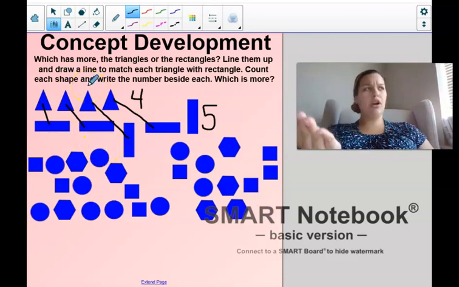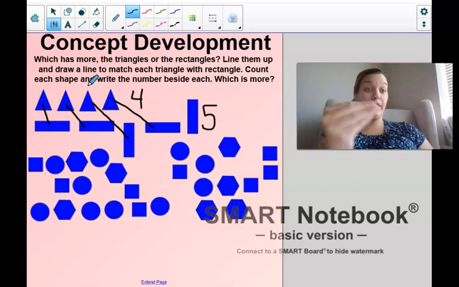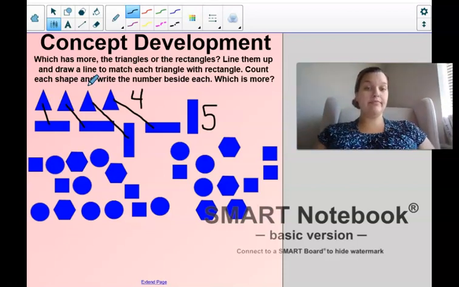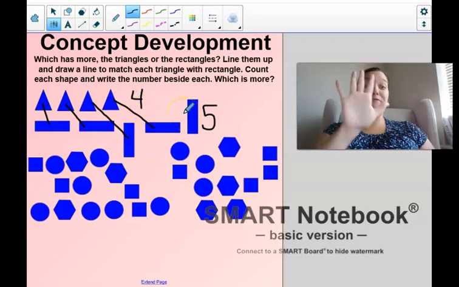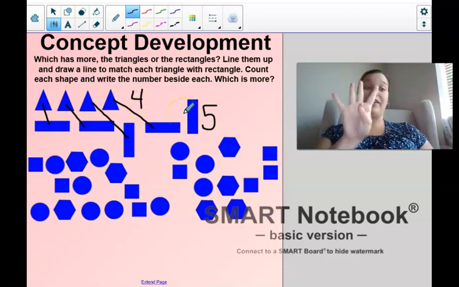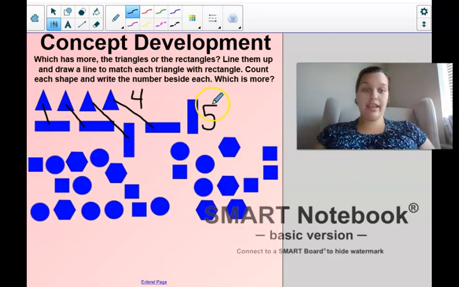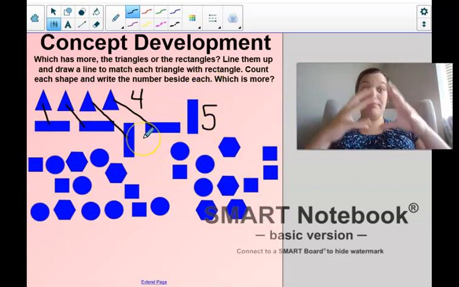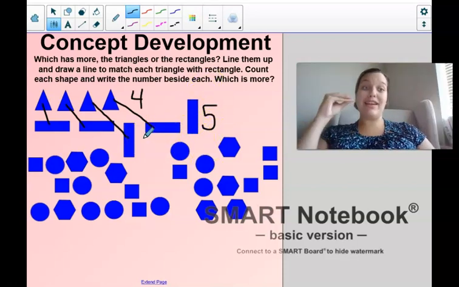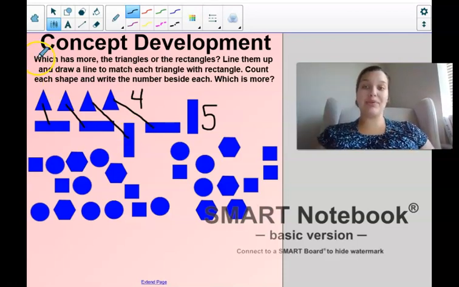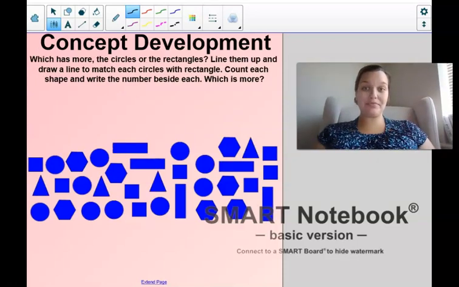So is 4 more than 5, or is 5 more than 4? Very good. 5 is more than 4. Look at, you take your group that's bigger or has more. That number goes first when we're talking about more. So 5 is more than 4. Awesome job. We are going to do one more of these together, okay?